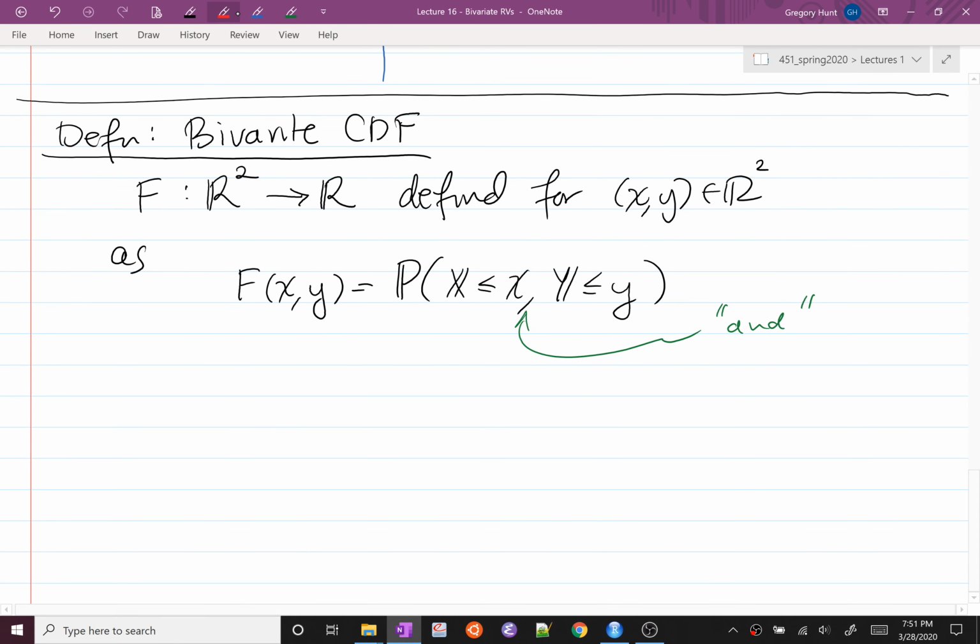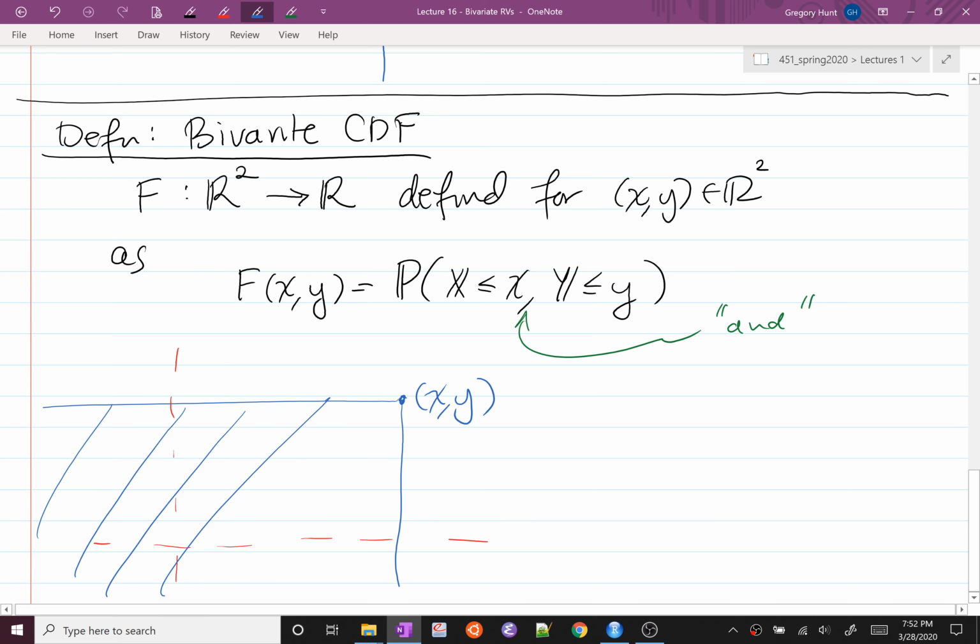And so if I draw out a bivariate plane here, let's just draw out 2 axes, x and y. Well, let's leave them unlabeled. Here's our point x comma y. The CDF measures the probability of being in this space.